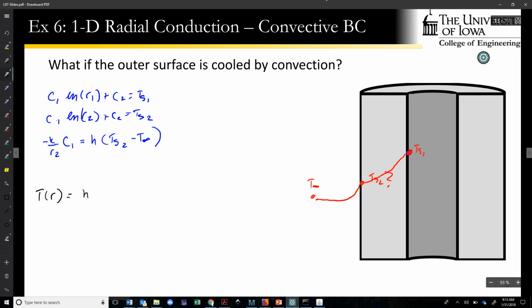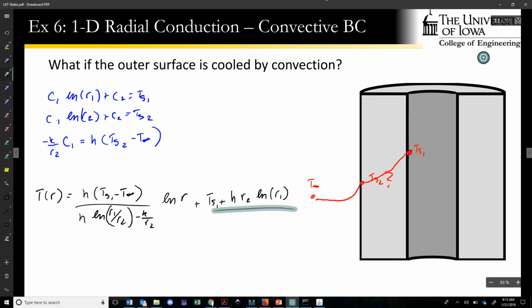It is TS1 minus T infinity over H ln of R1 over R2 minus K over R2 times ln of R plus TS1 plus H R2 ln of R1 over K plus H R2 ln of R2 over R1 times TS1 minus T infinity.